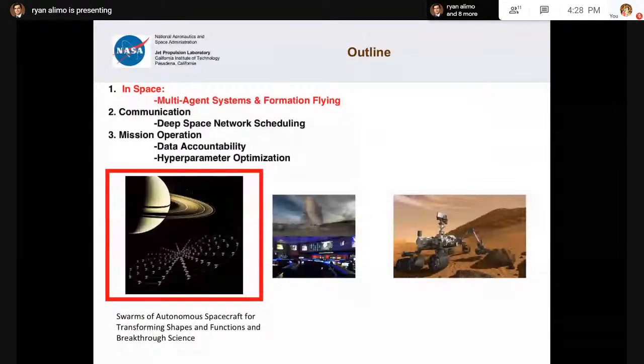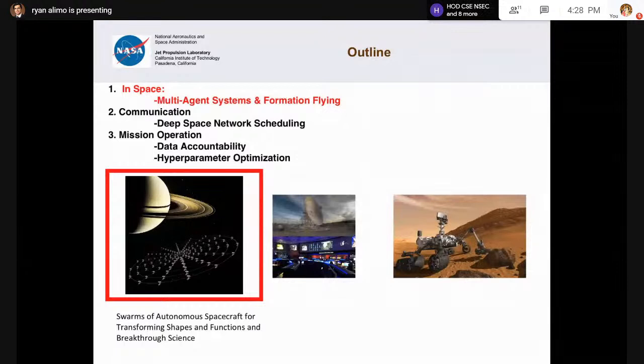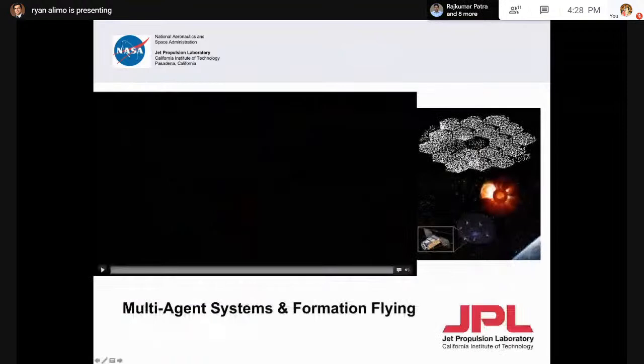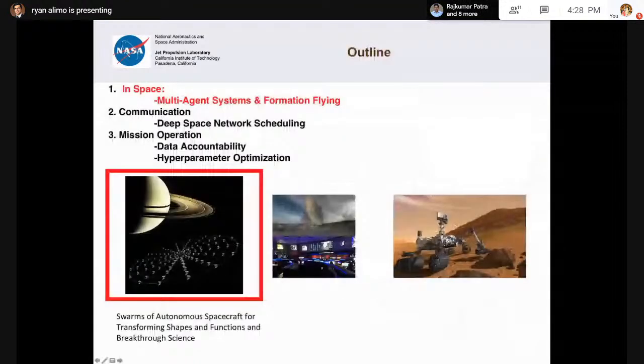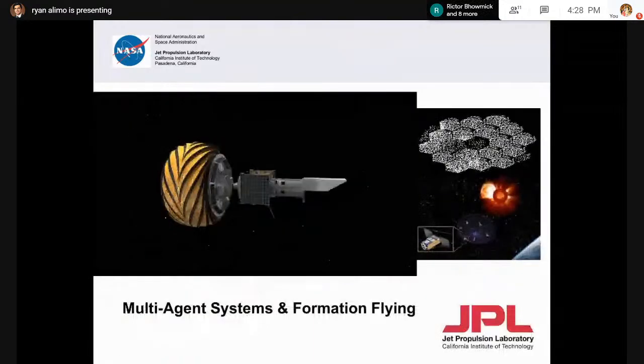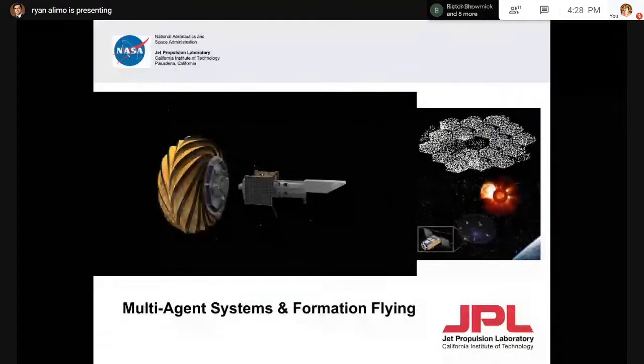Swarm systems enable many new capabilities that can result in breakthroughs in sciences. One of these multi-agent systems that we are working on is called Starshade. This is a future Starshade mission that involves two spacecraft.